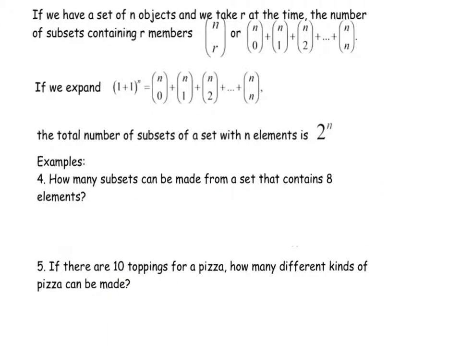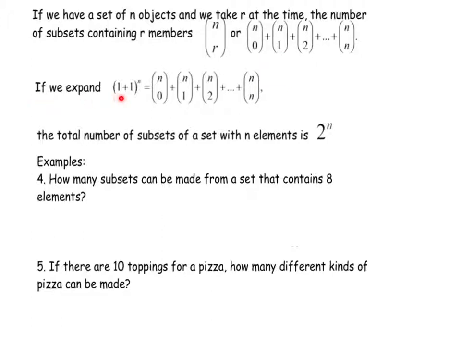If we have a set of n objects and we take r at a time, the number of subsets containing r members is n choose r, or n choose 0 plus n choose 1 plus n choose 2 plus ... n choose n, or these are the sum of the combinations.